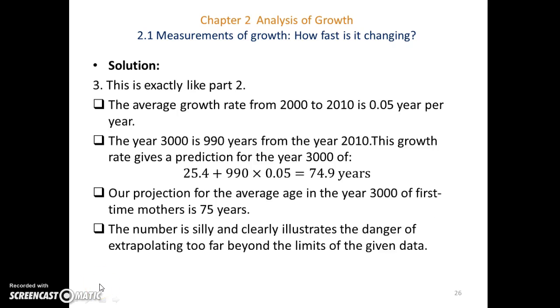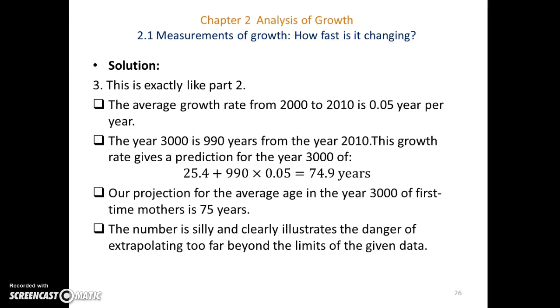Part 3 is exactly like part 2. We're going to extrapolate again because 3000 is outside of the given dates that we have in the problem. Again, the average growth rate from 2000 to 2010 is 1/20 per year. 2010 and 3000 are 990 years away from each other.